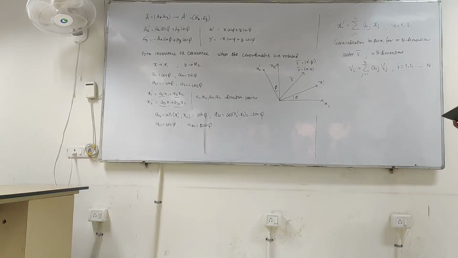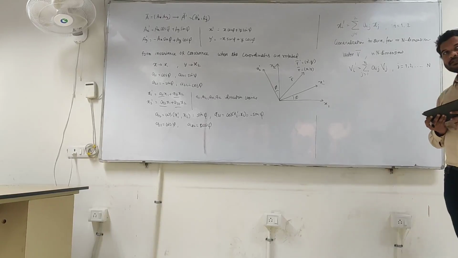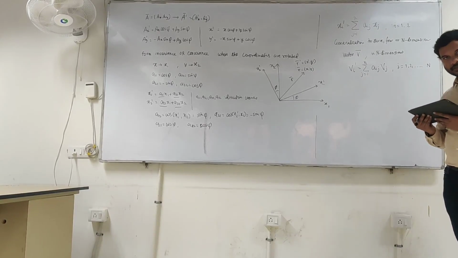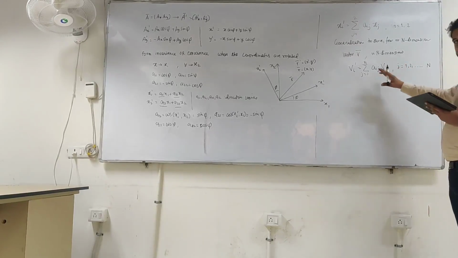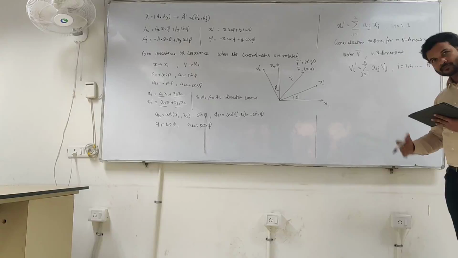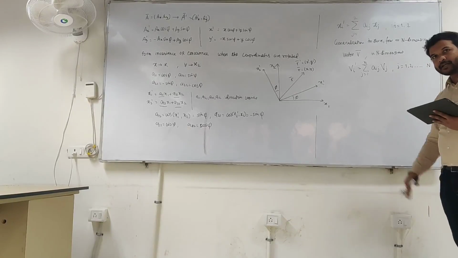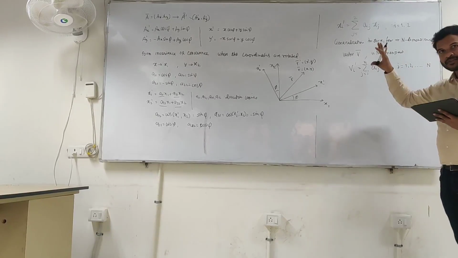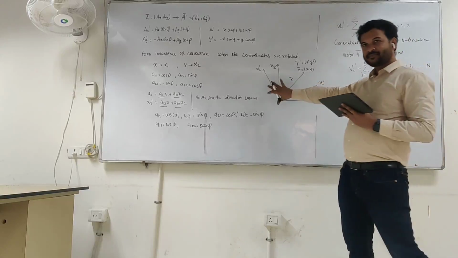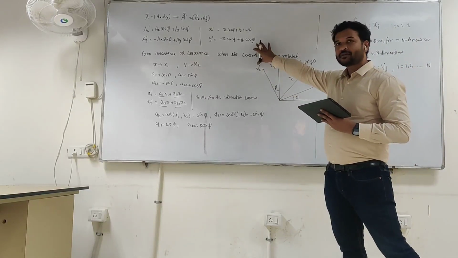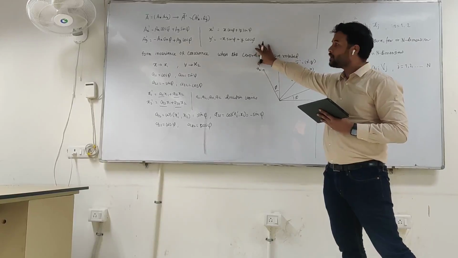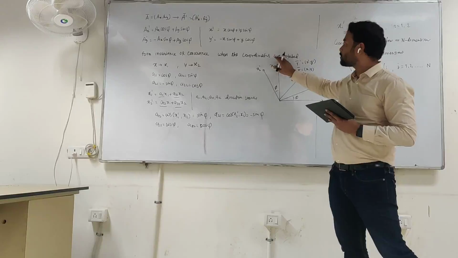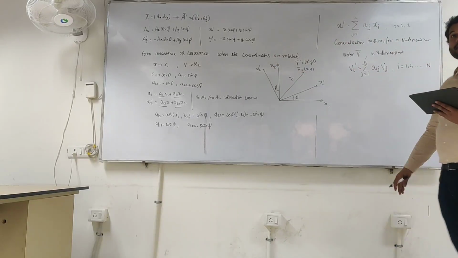Of course, we can't imagine more than 3 dimensions, but we can define a vector in more than 3 dimensions. That is the advantage of defining the vector in this setup, where we consider a vector only if it has form invariance under the rotation of the coordinate system.